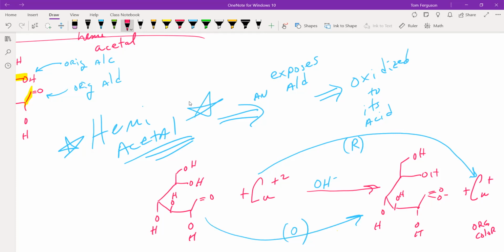And that copper plus 1 is going to combine with oxygen to form cuprous oxide, which is that orange brown color. That's the Benedict's test.